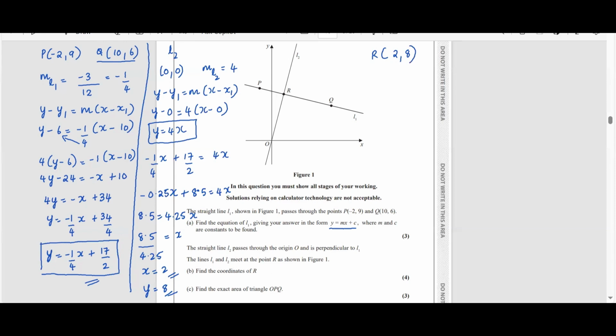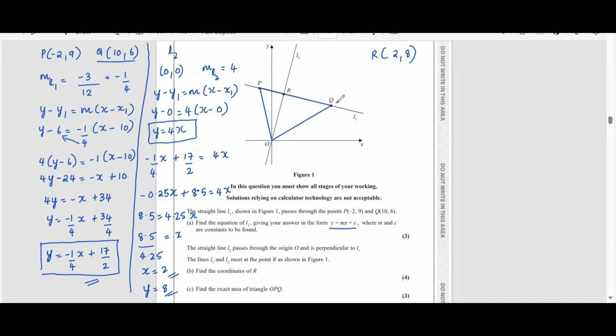So part B is done, and finally we need to find the exact area of triangle OPQ. Let's draw the triangle OPQ here: from P to O, the origin, then from O to Q, and then from P to Q. We know the area of a triangle is base times perpendicular height divided by 2.